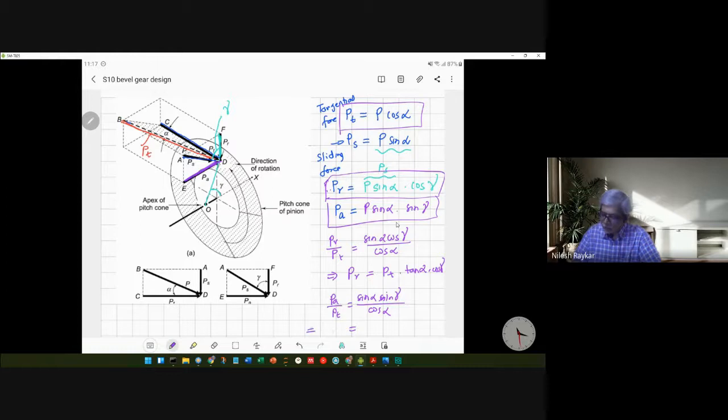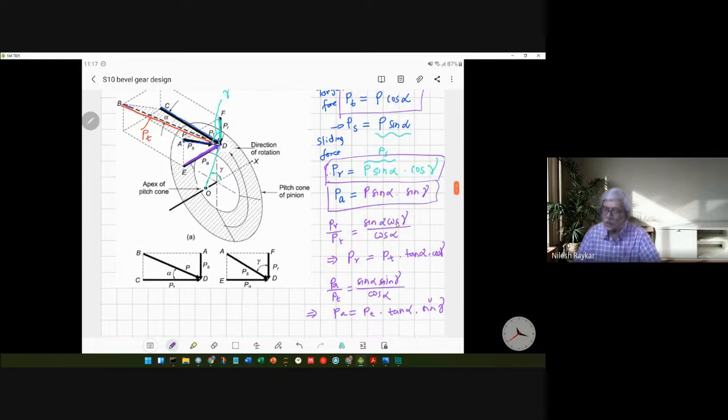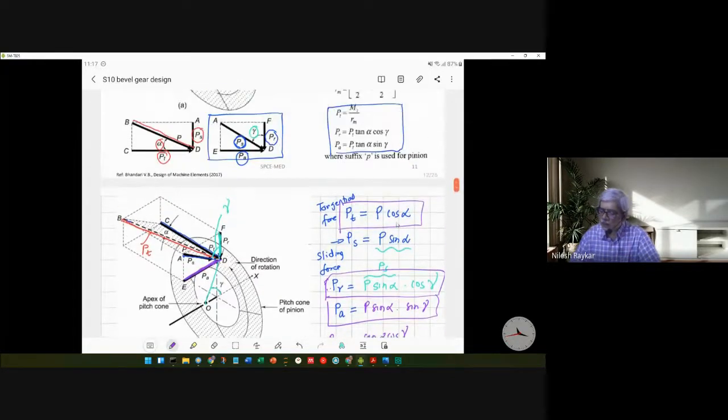So it implies that PA equal to PT multiplied by tan alpha sine of gamma. Okay, so these are the expressions you will find in the design data book. So what expressions we derived, those same are given in this particular case.